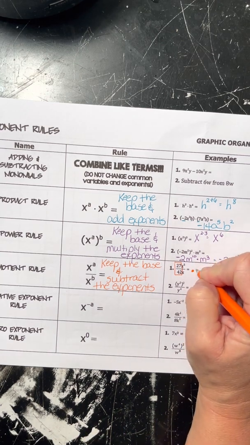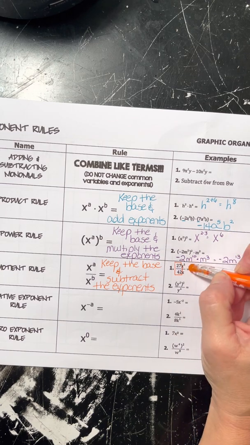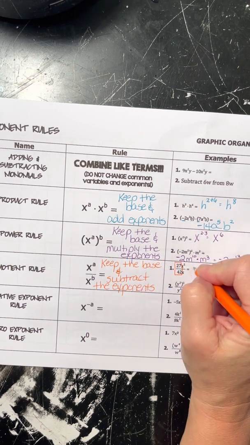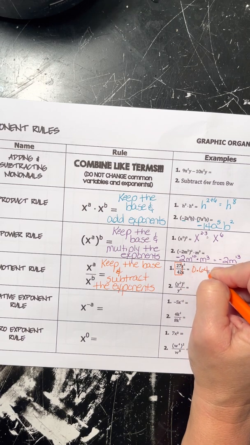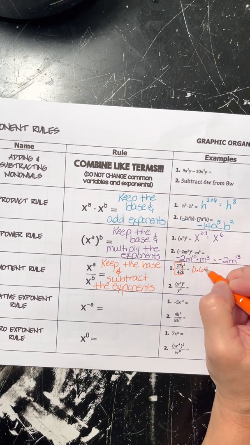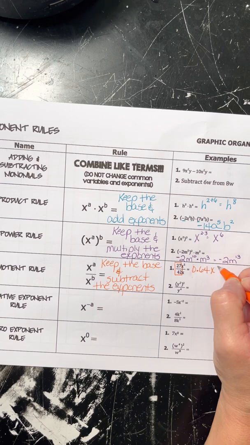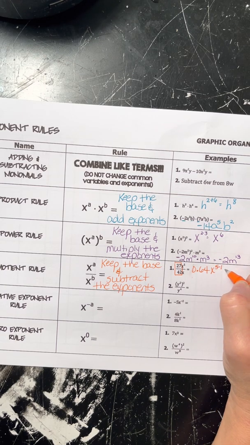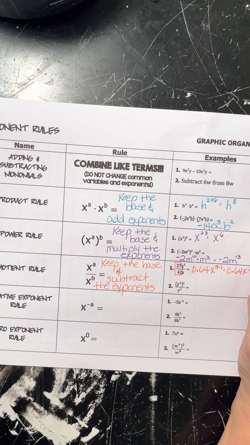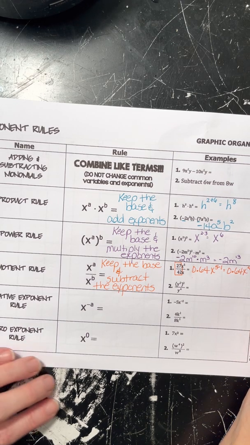That's crazy. 0.64. And then you're going to subtract your exponents: x to the 5 minus 1, which is 0.64 x to the 4th.